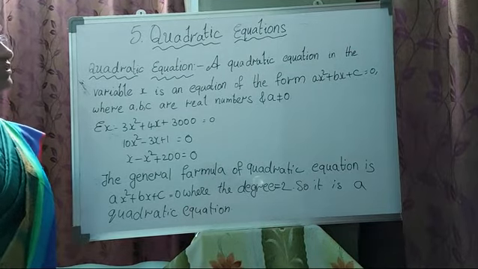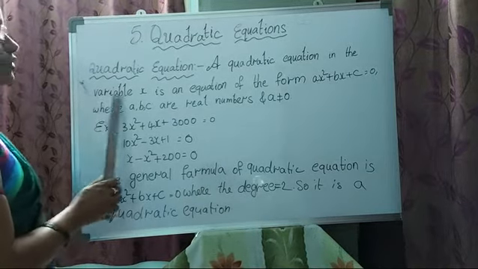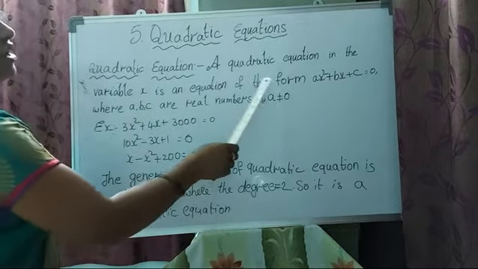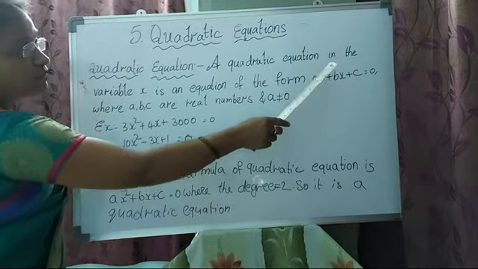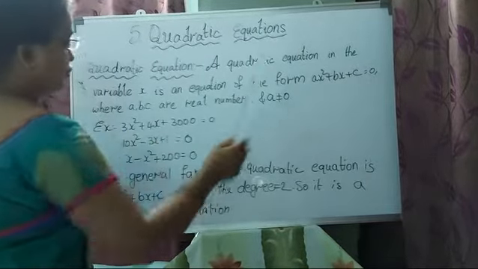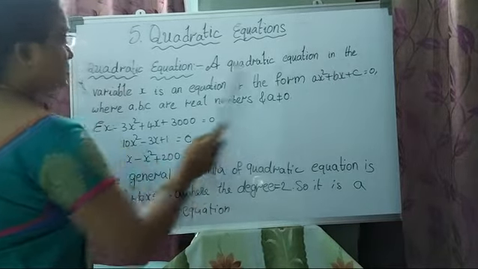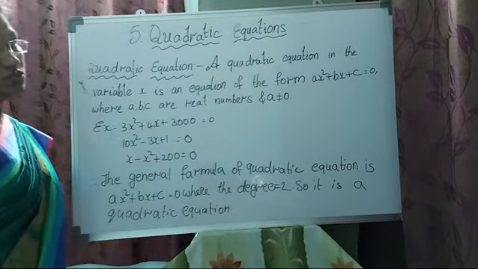A quadratic equation in the variable x is an equation of the form ax square plus bx plus c is equal to 0, where a, b, c are real numbers and a should not be equal to 0.